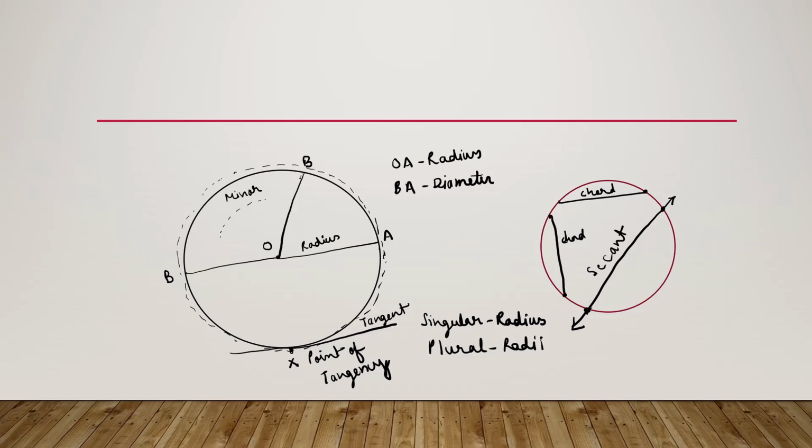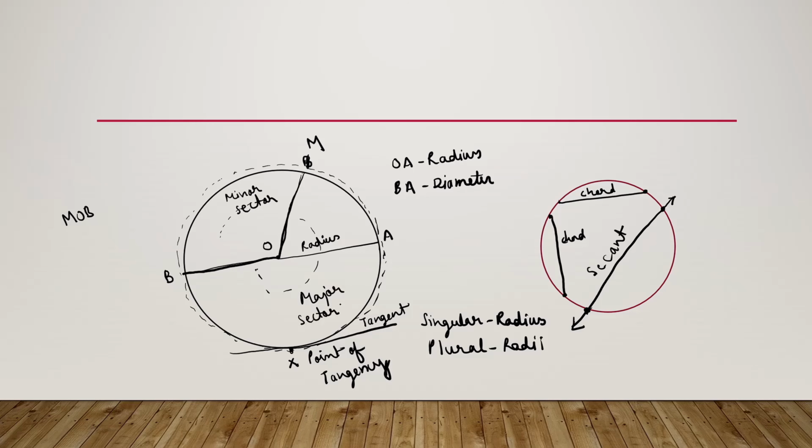If you take this whole area, let's name it M, O, B. So this is called the minor sector of the circle, and this whole remaining part is called the major sector of the circle.